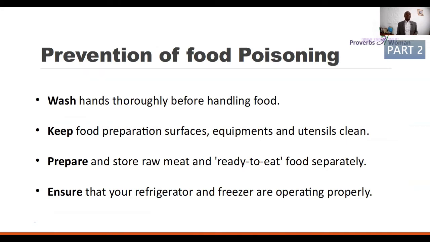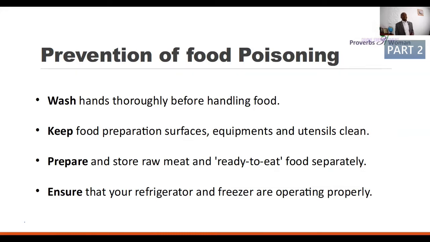How do we prevent food poisoning? Wash hands thoroughly before handling food. Now, this is the basic sequence that we all have to remember, even our younger children. We have to make sure that we teach them how to wash hands. Washing hands is one of the basic things that we need to remember to prevent food poisoning.